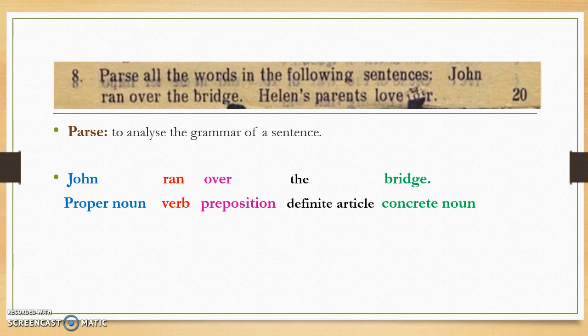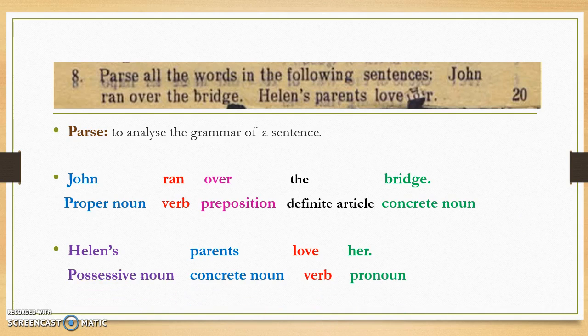We also have John is the subject, the bridge is the object, so subject, verb, object, that's an active sentence. Next sentence, again I've colour-coded. And again we've got parents love her, so subject, verb, object. Don't be sidetracked by the possessive noun. That's another active sentence.